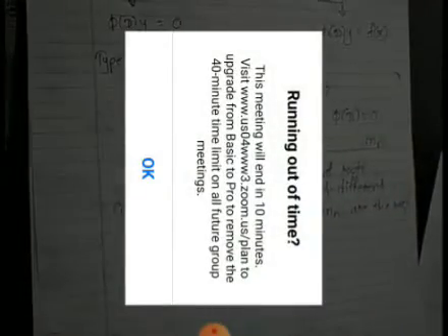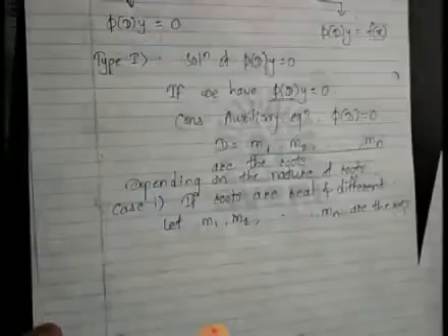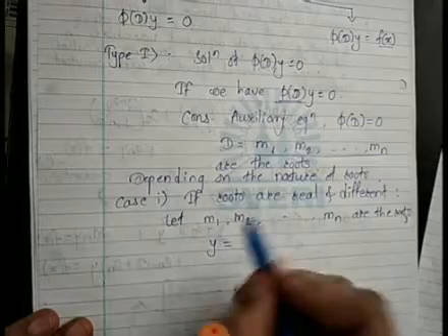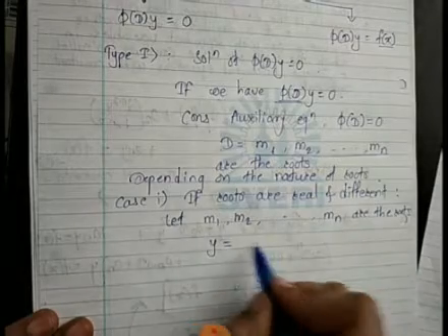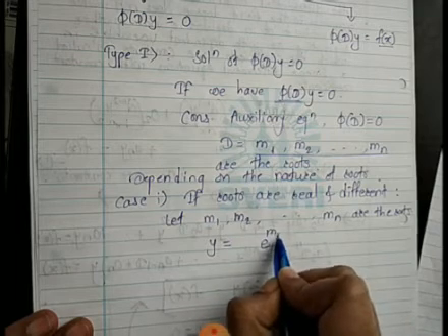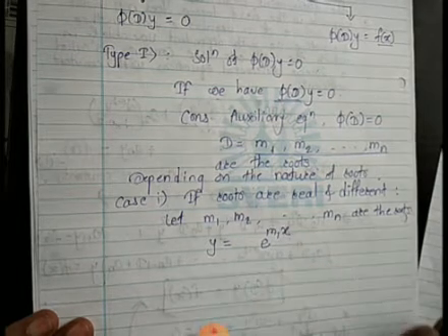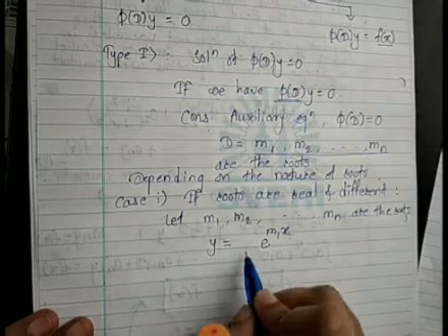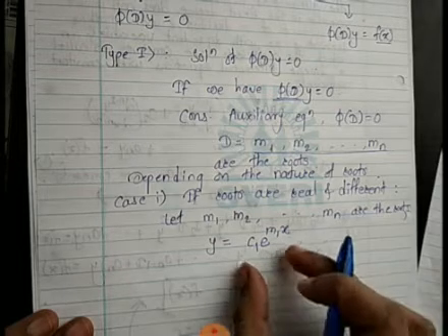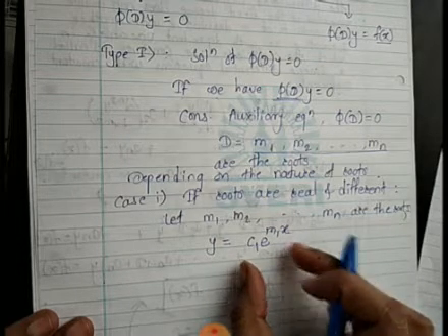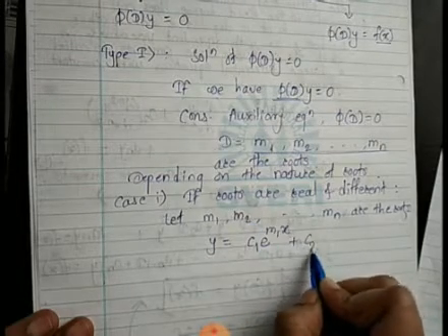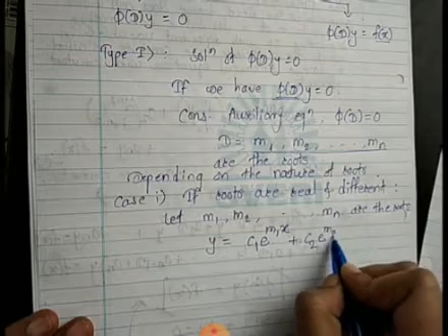So the solution can be written as y is equal to, listen properly. If m1, m2, mn are the roots, then for each root we write e raised to m1 x, giving x to that m1, and multiply by one constant c1. This is the first root's solution. Secondly, plus, m2 is the second root, so that is c2 e raised to m2 x.